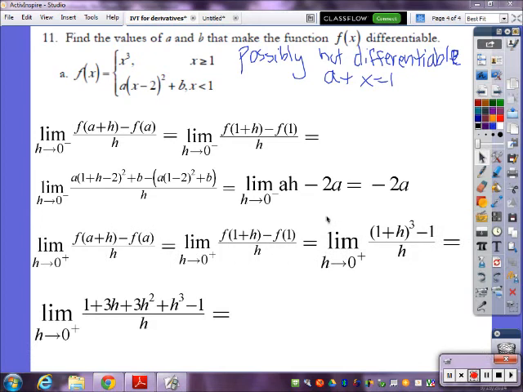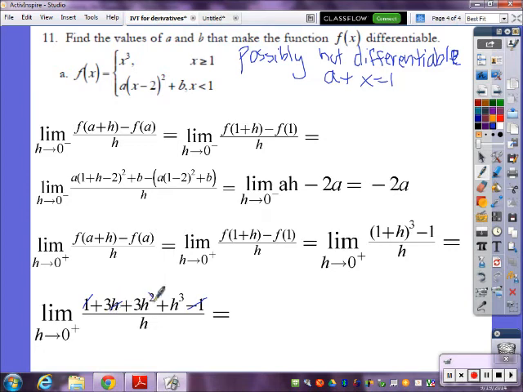Once it's multiplied out, 1 plus h cubed equals 1 plus 3h plus 3h squared plus h cubed. And then I brought this minus 1 down. So what ends up happening is the 1 minus 1 cancels. And then I have an h in each term in my numerator. So when I factor one out, I get an h out of here.